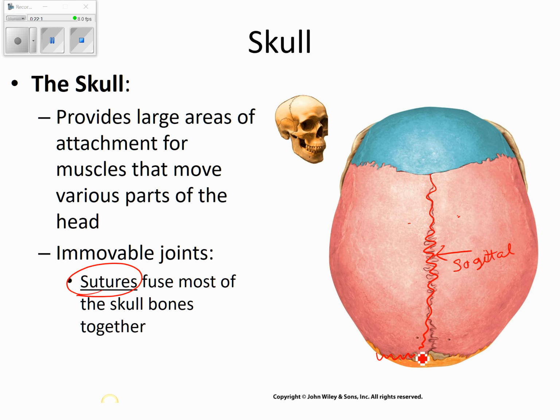This one back here in the back is the lambdoidal or lambdoid suture, and that one is a landmark or boundary which separates the parietal bone from the occipital bone. And then the one up here at the top is the coronal suture.